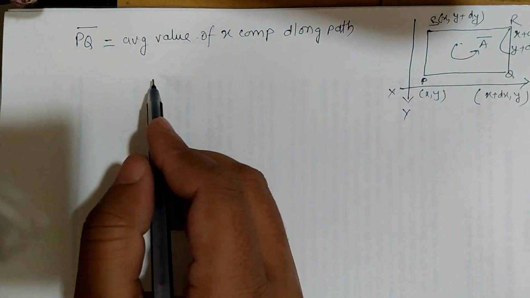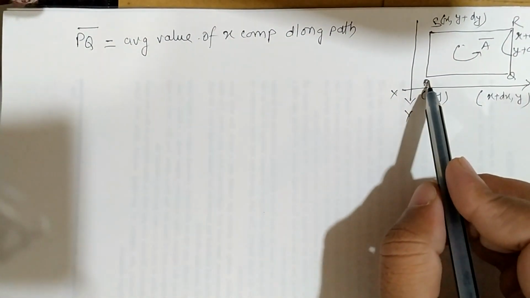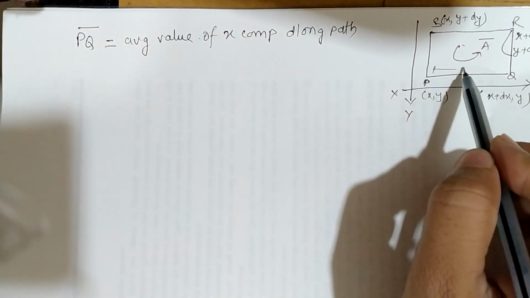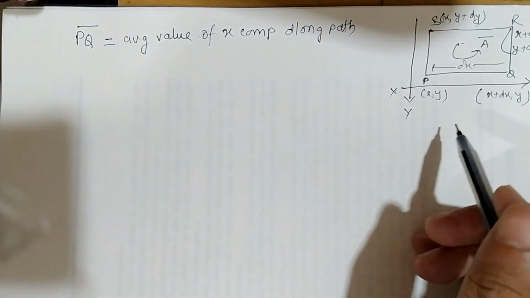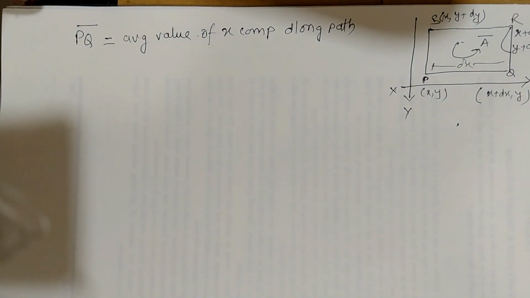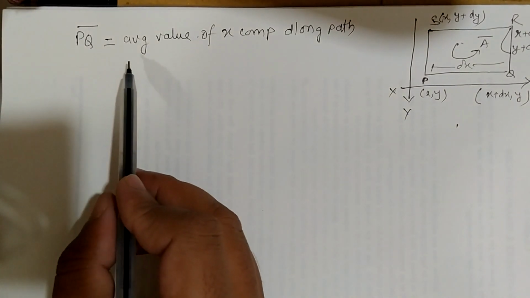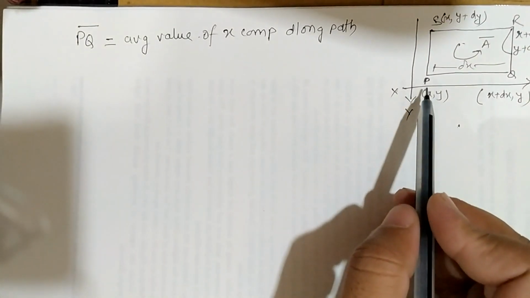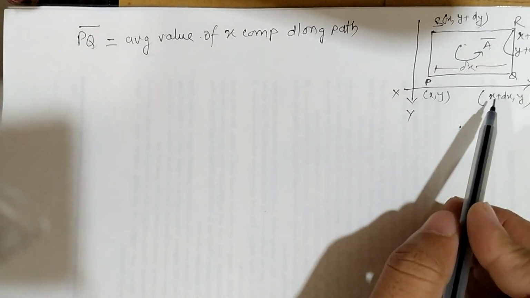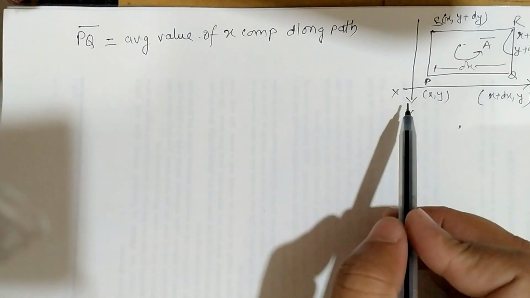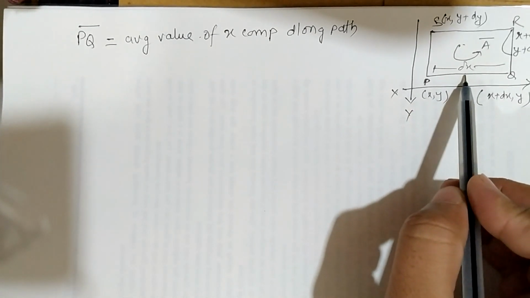Now see why we are taking the average value: since the distance PQ is very small, this distance is delta x, which is very small. Because we don't have the values at x comma y and x plus dx, it is better to calculate the average value along this path.